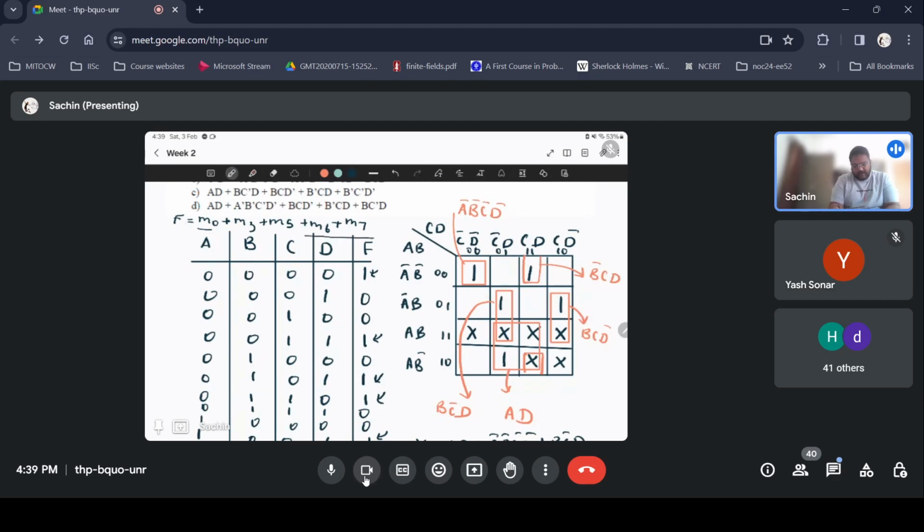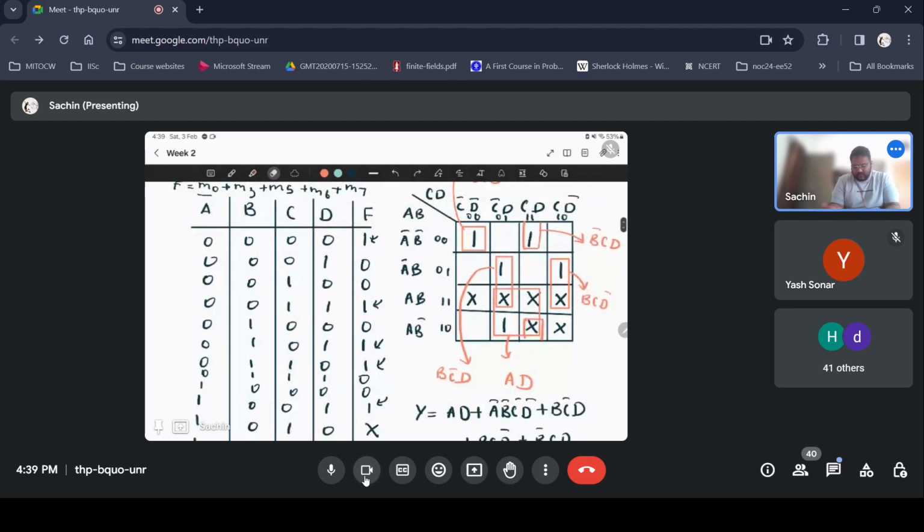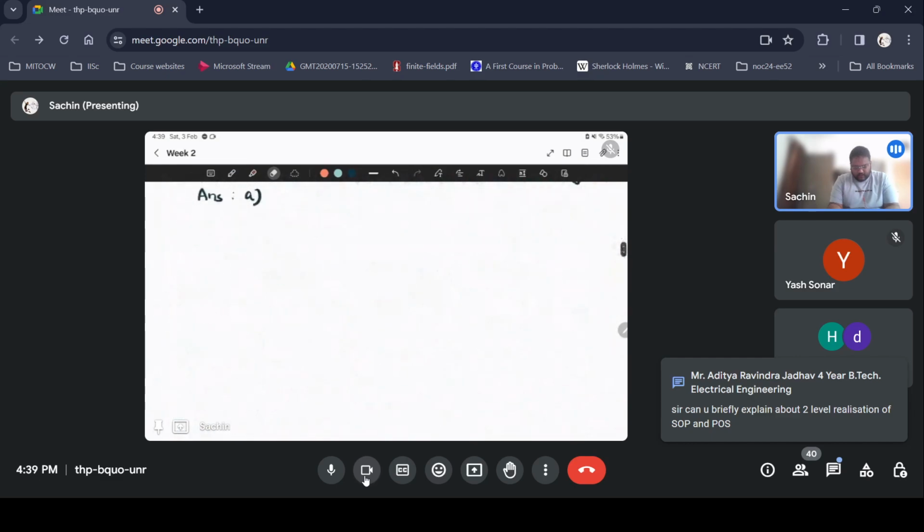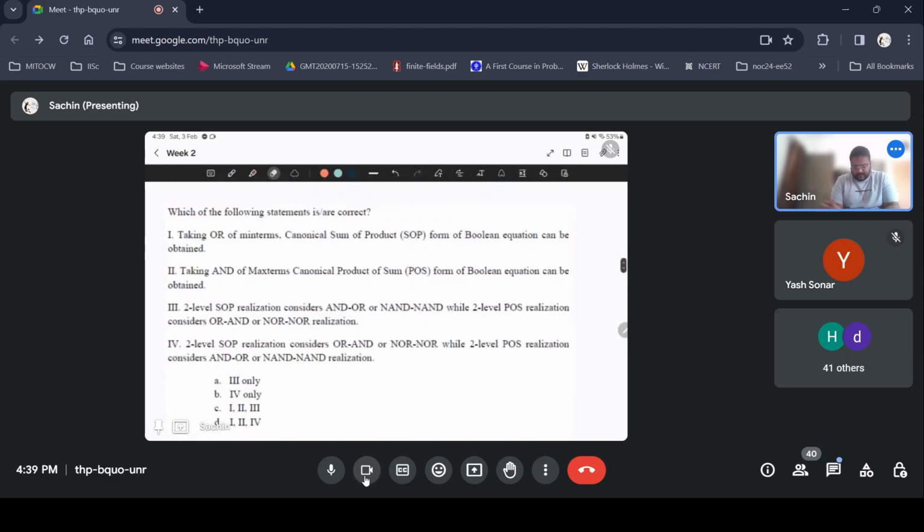So you get it by ORing the minterms. So the first statement is true.